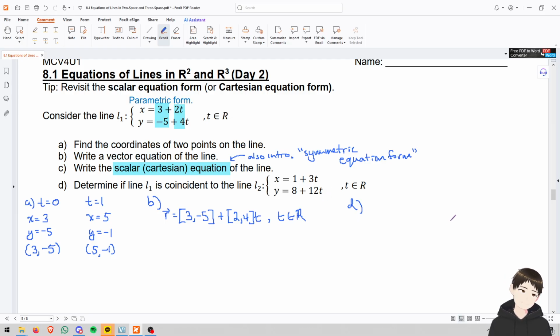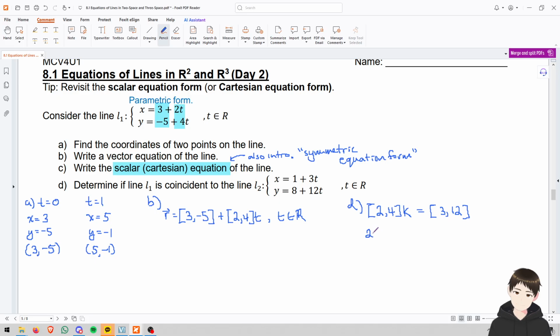So let's try it. I need to check if my direction vector of (2, 4) from line 1 is a scalar multiple of the direction vector for line 2. And right off the bat, I don't see it because that's a 1 to 2 ratio. That's a 1 to 4 ratio, right?